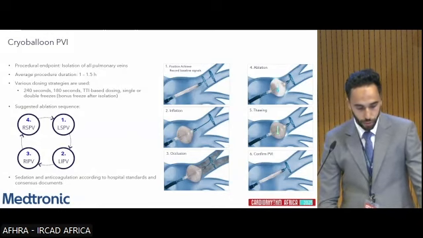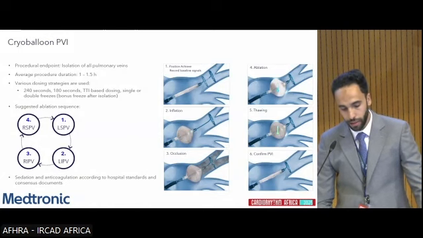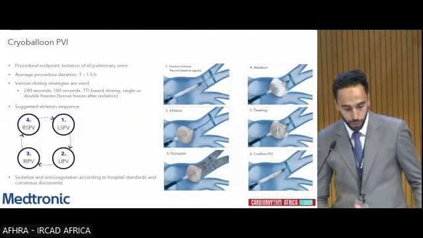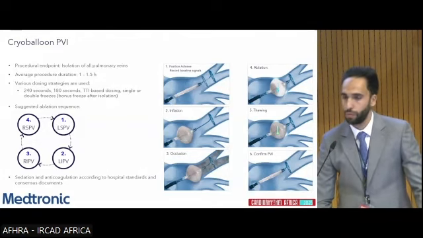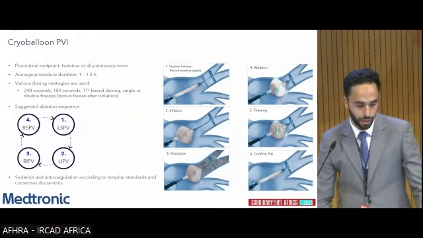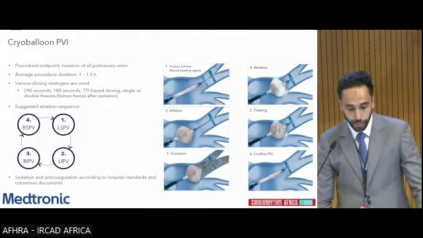First, you position the Achieve, record the baseline signal, inflate the balloon, and make sure that you occlude the vein correctly, and ablate, so 4 minutes or 3 minutes based on time to isolation.